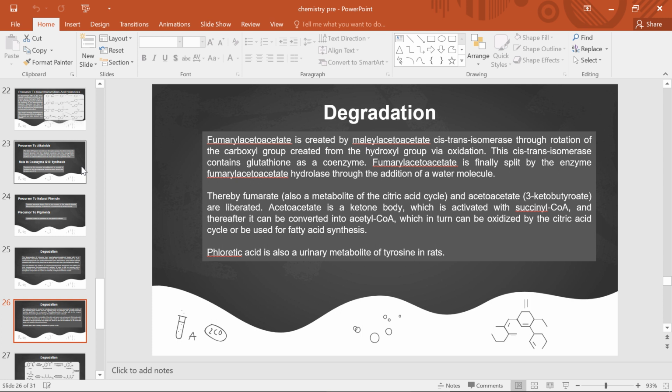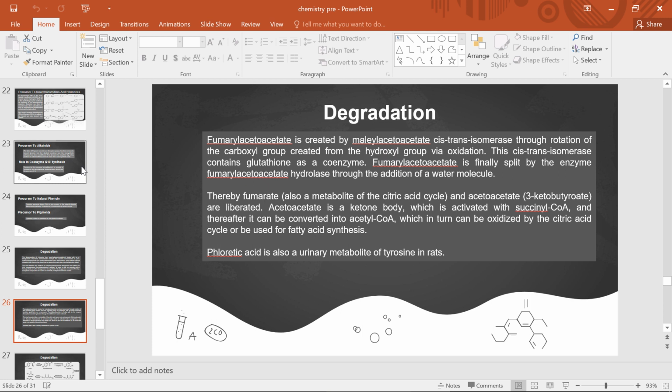Furthermore, fumarylacetoacetate is created by maleylacetoacetate cis-trans isomerase, in which the functional groups are changed in a cis-trans manner through rotation of the carboxyl group created from the hydroxyl group via oxidation.